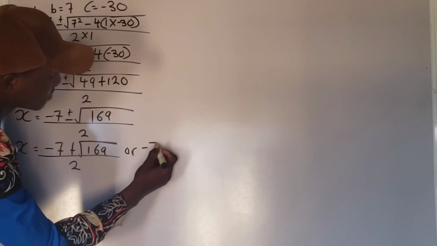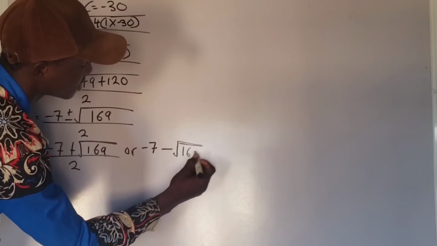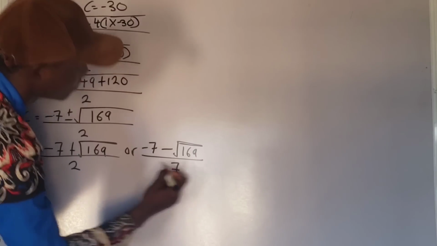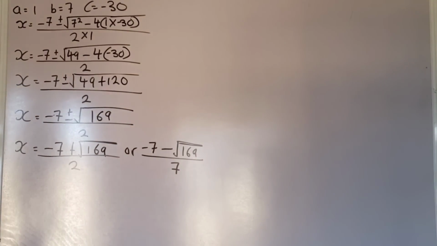Or negative 7 minus square root of 169 all over 2. Do you understand? Okay? Now, what is the square root of 169? The square root of 169 is 13.